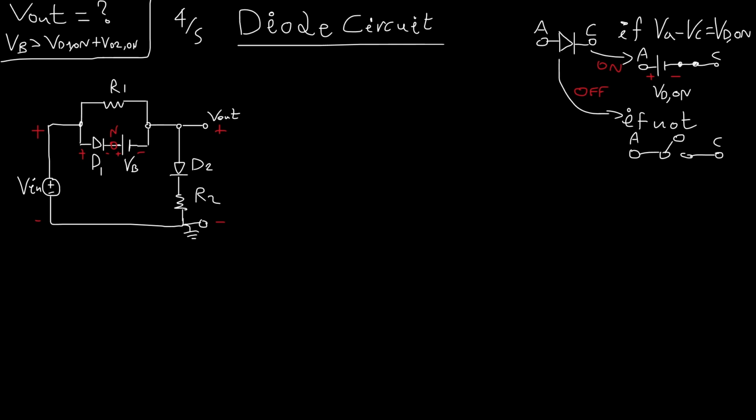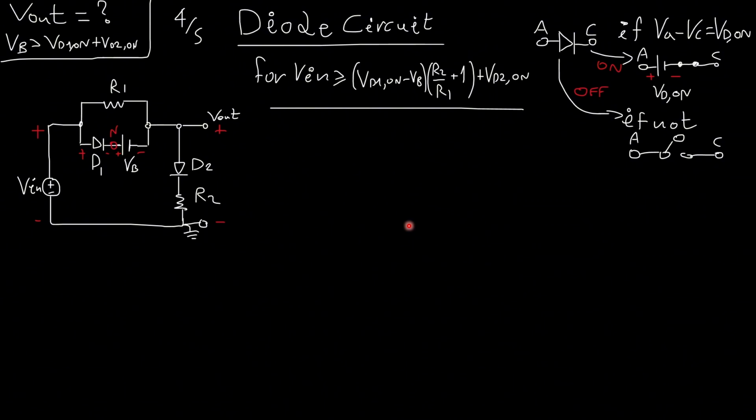Alright, now let me see what happens when both of these diodes are on. Well, this is a very simple case. For the input voltage higher than this value, again this is plus here.